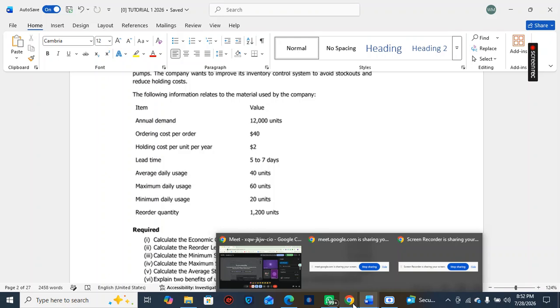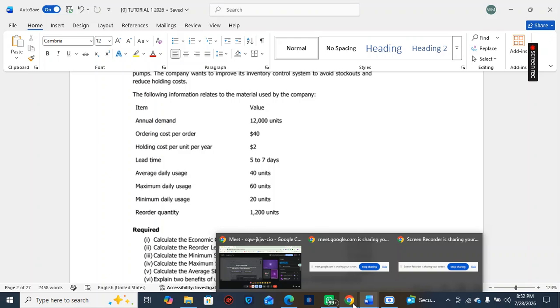Yes, that's correct, madam. The economic order quantity minimizes the holding and the ordering costs. It tells you how much quantity to order so that you minimize your ordering and your holding costs. Remember, the holding and ordering costs act in opposite ways.